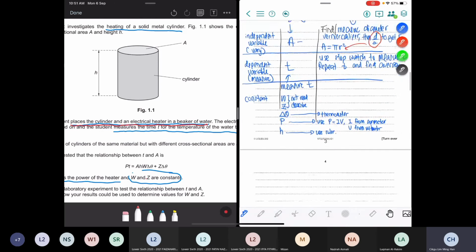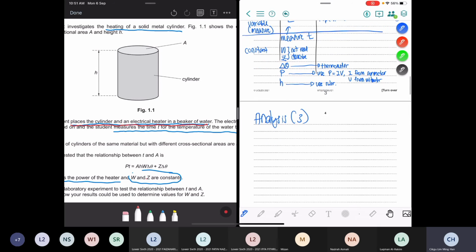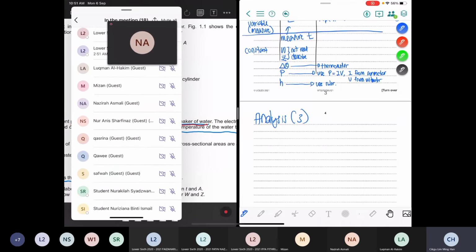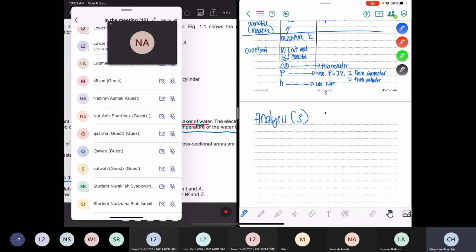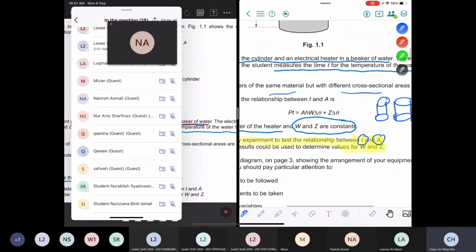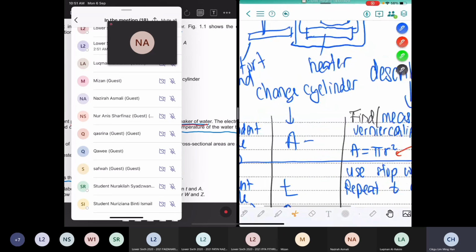All right. So next one, we have analysis. Analysis is normally worth 3 marks. Okay, let's see who is here again. Kasrina, are you there?